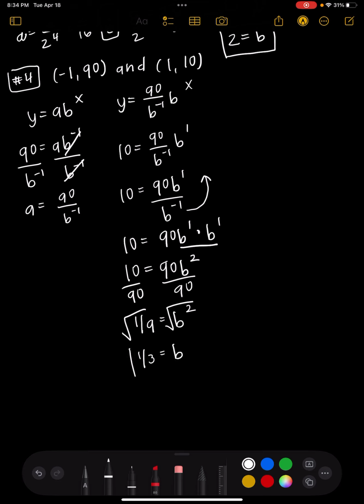All right, sweet. So now we know what b is, and we just have to figure out what a is, because if you remember, we didn't actually figure out what a is. We just know that a has something to do with b to the power of -1. So I'm going to replace the b with 1/3.